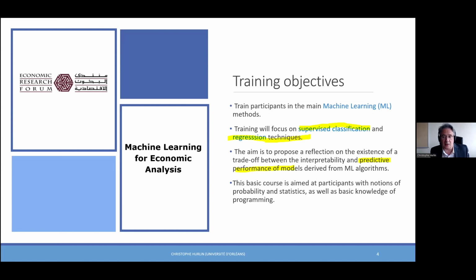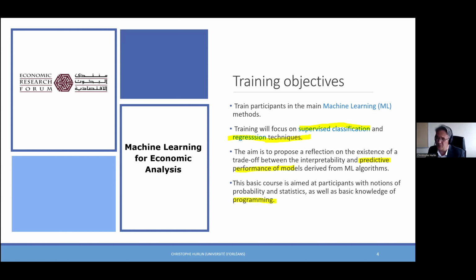So the course is based on notions of probability and statistics, as well as basic knowledge of programming. I will discuss this point later. We'll use Python, but this is not a problem if you don't have some notion of Python at this stage. But most important is the fact that I consider that you don't have any knowledge in machine learning.